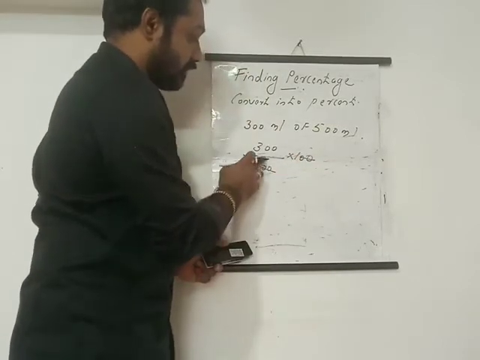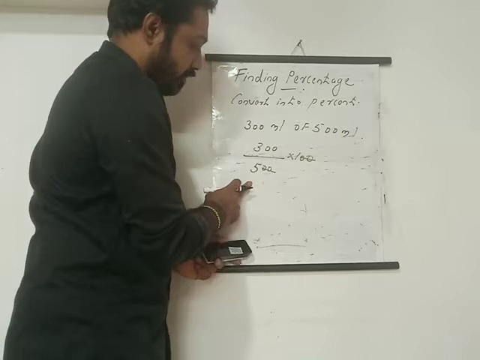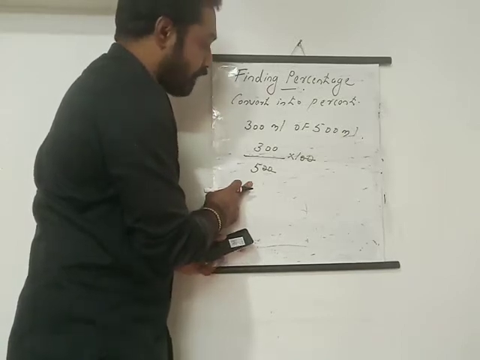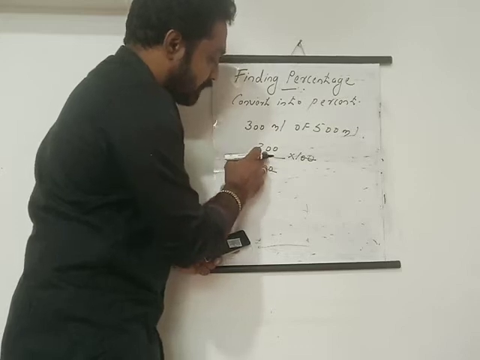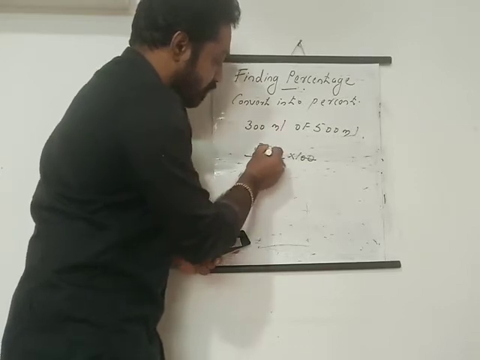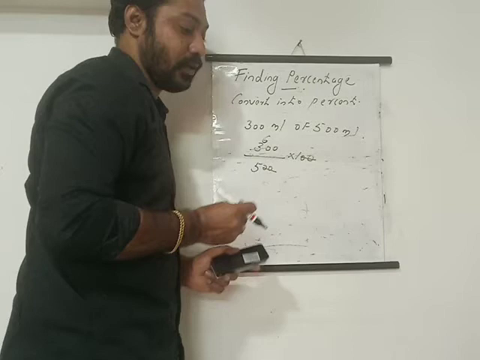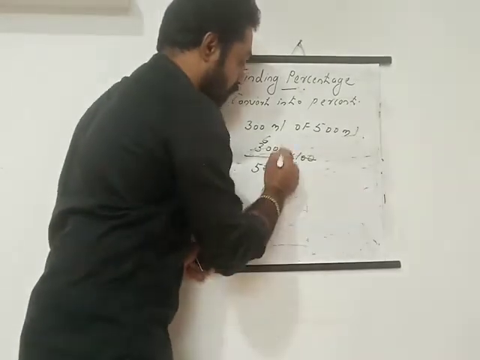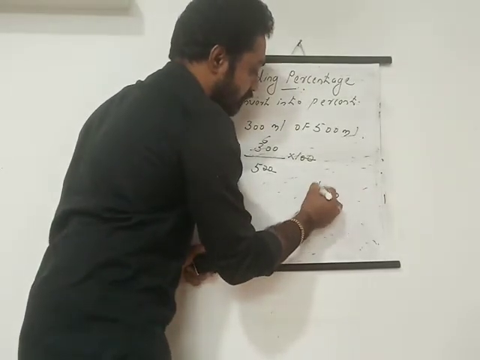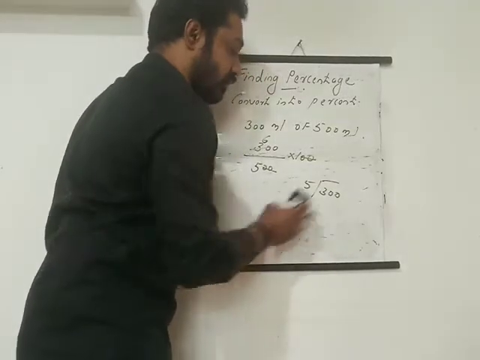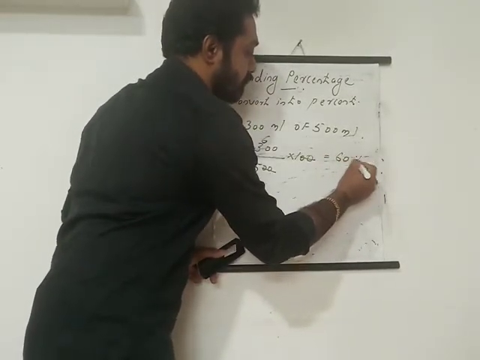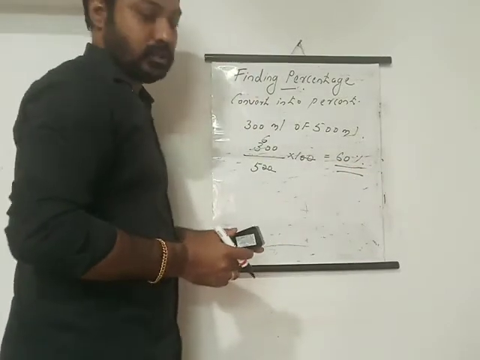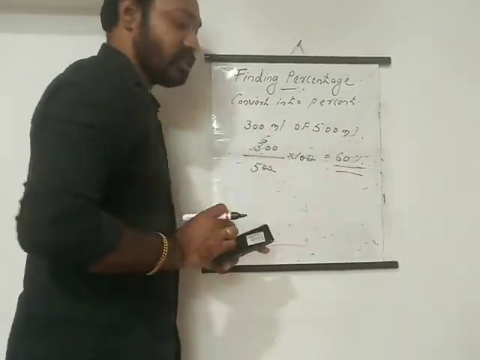Then 300 by 5 you have to find. 30 by 5: 6 fives are 30, so you will get 60. If you don't know how to divide, just divide by 5 and find it. So in 500 ml, 300 ml is 60 percent.